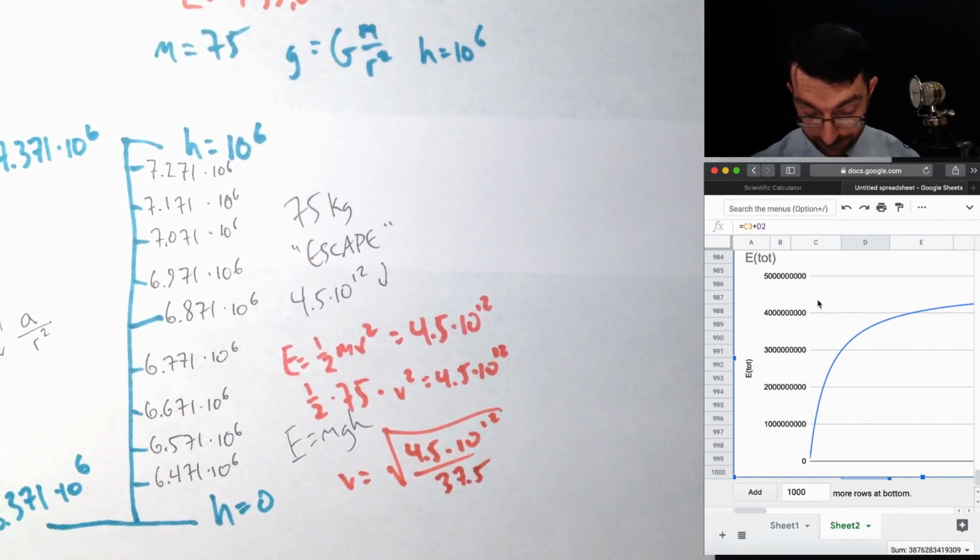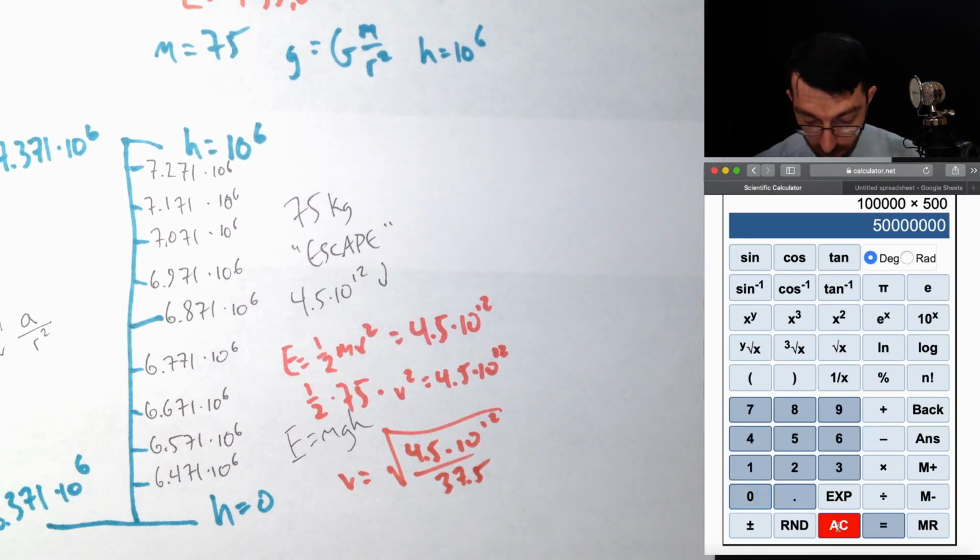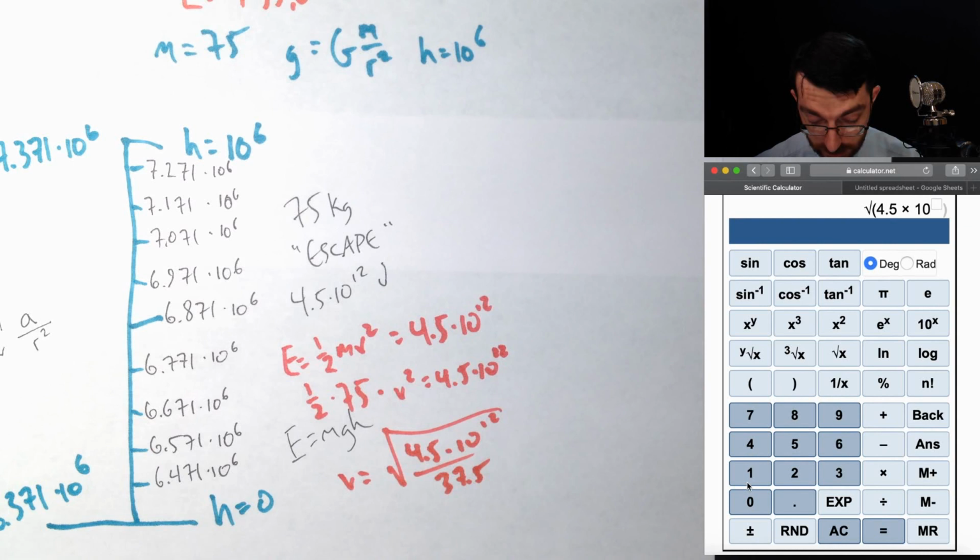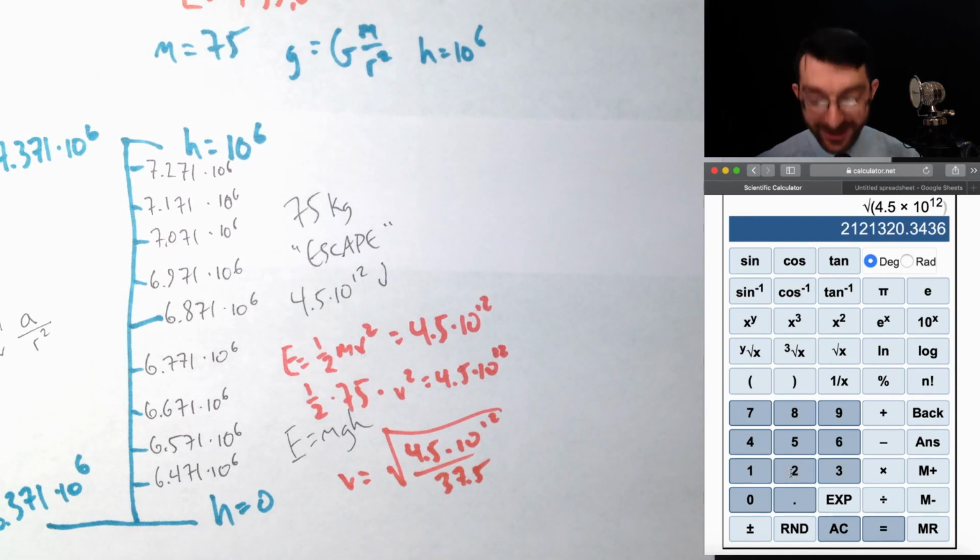Well, let's see what it is. Okay. Square root of 4.5 times 10 to the 12. I'm so excited.